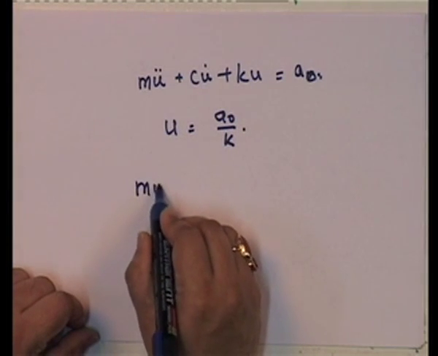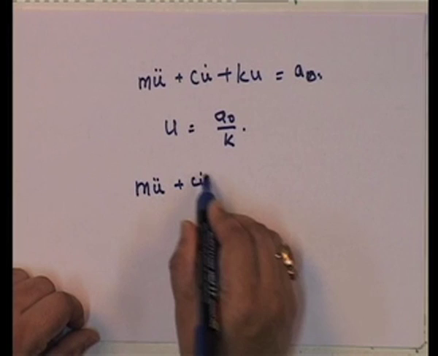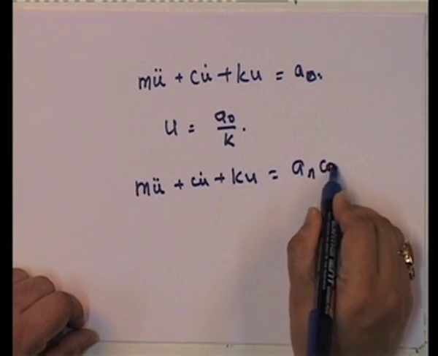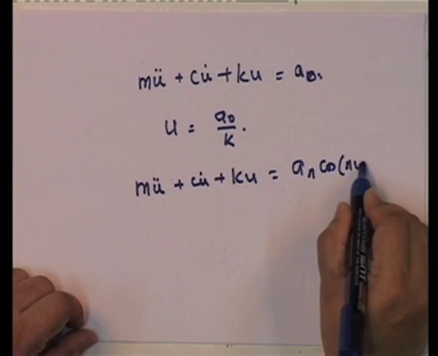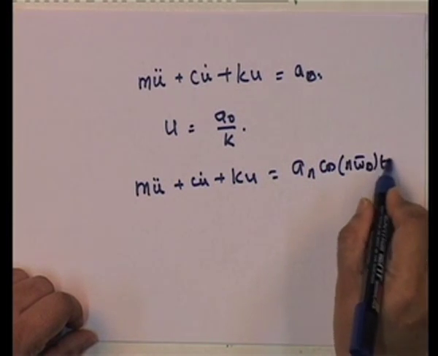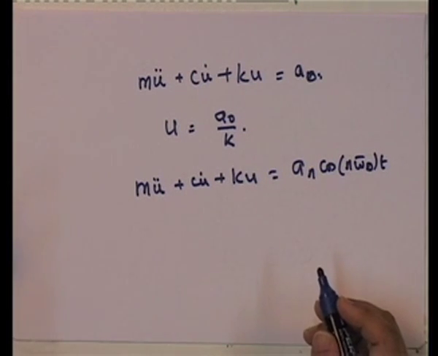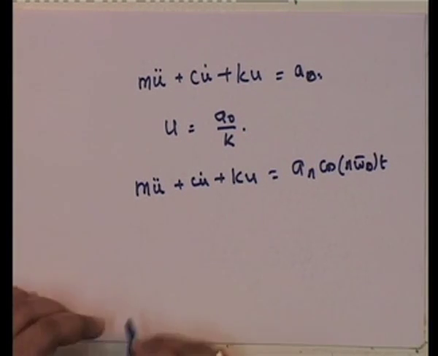Similarly, M u double dot plus C u dot plus K u is equal to A n cosine n omega 0 t. What is the solution to this? I know the solution to this, don't I? The solution to this is the following.